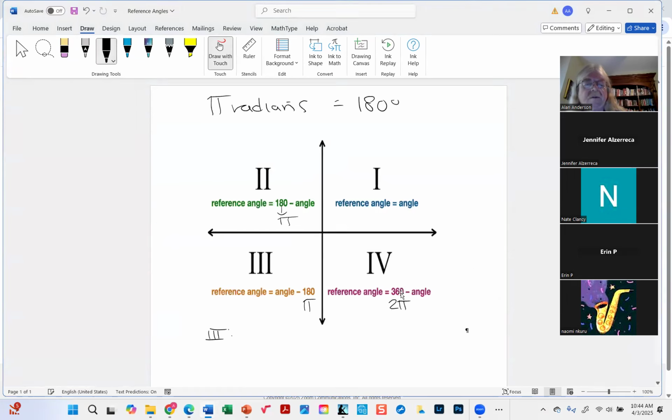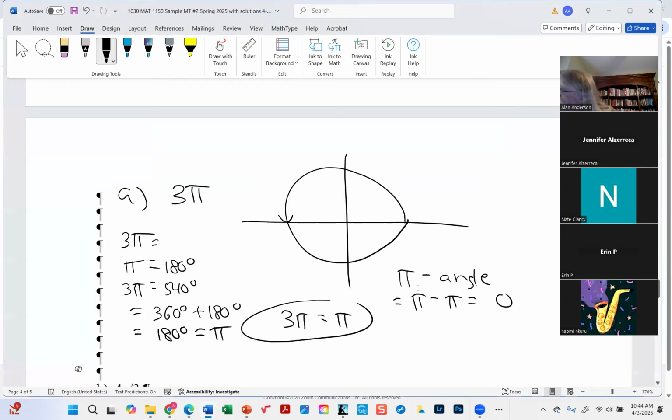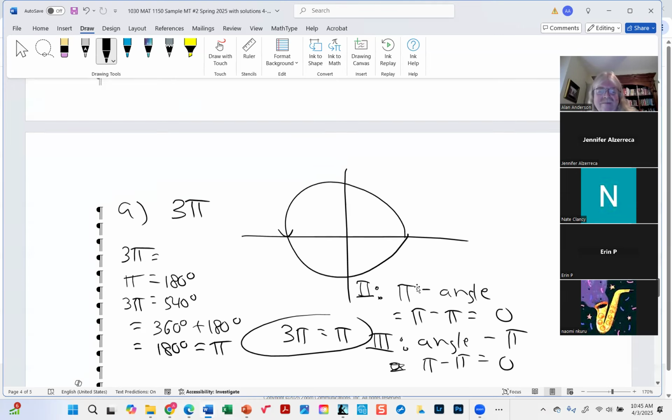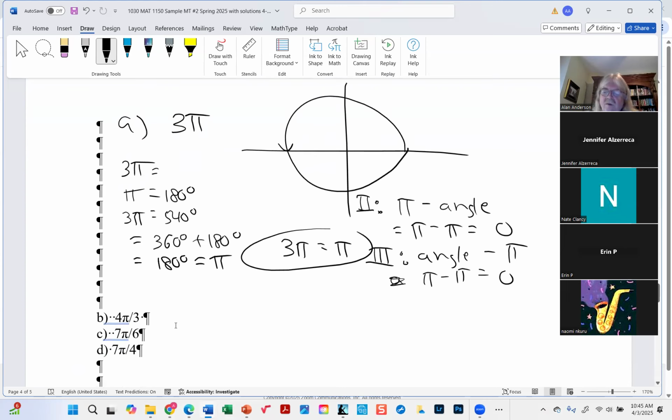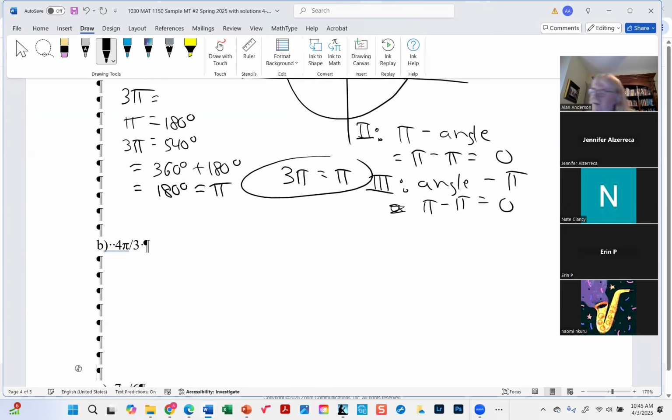If you use the formula from the third quadrant, the third quadrant formula is angle minus pi. Same thing. It's pi minus pi equals 0. So the answer to this question is 0. 0 radians, actually. But it's the same thing as 0 degrees. Anyway, then equivalently 4/3 pi.